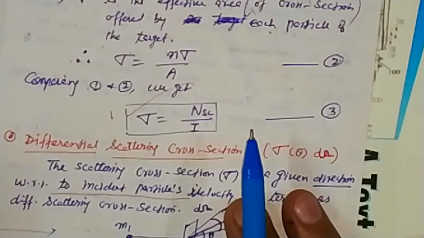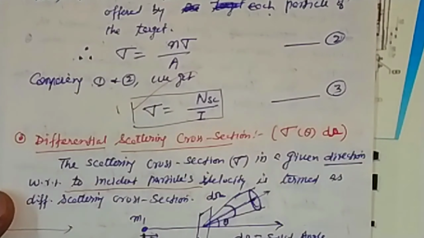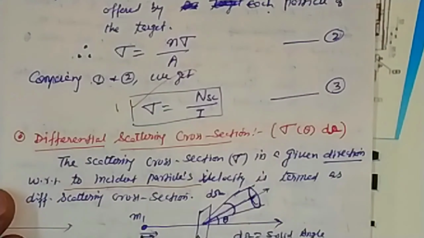An important topic in our syllabus is the differential scattering cross section. So what is the differential scattering cross section? Suppose an incident particle of mass m1 moving with velocity u1 strikes a second particle of mass m2, that is, the nucleus of gold in the gold foil, which is supposed to be at rest, so u2 is equal to 0.